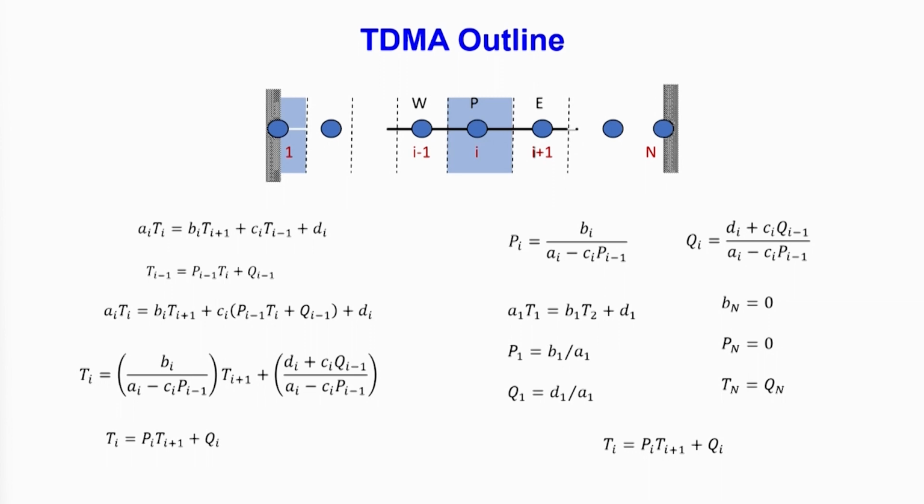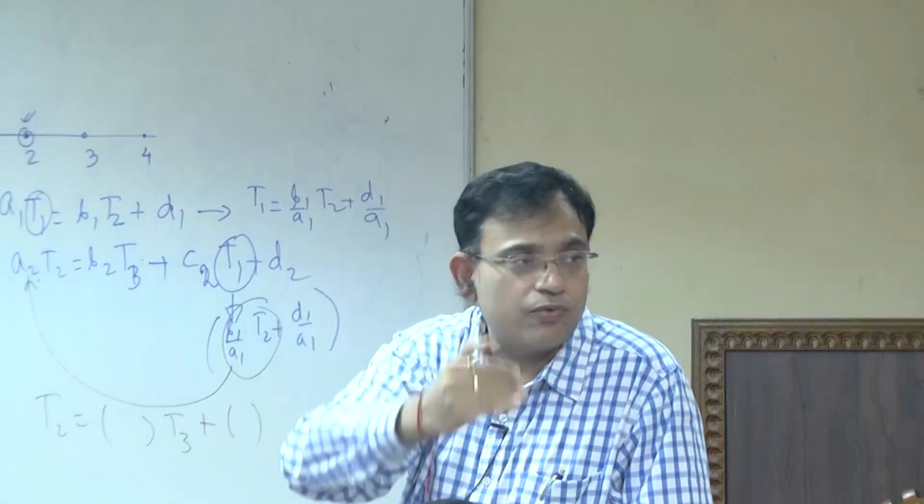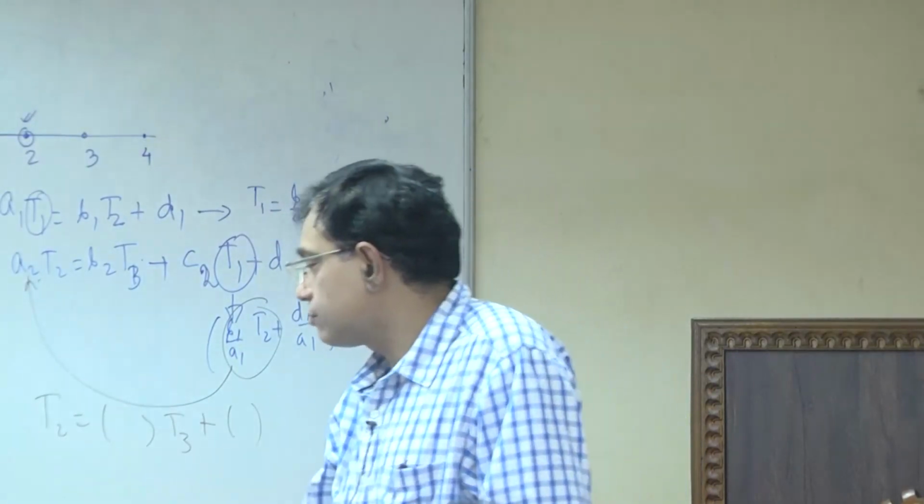So if you have C1 equal to 0, that means P1 is B1 by A1 and Q1 is similarly D1 by A1. So you can start with P1 and Q1, and then you use this recursive formula to calculate Pi and Qi for the rest of the i by running a for loop, okay.